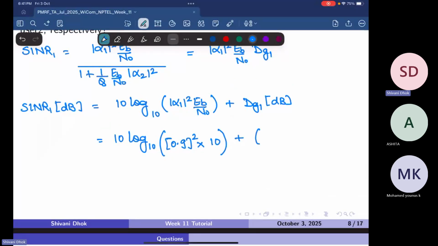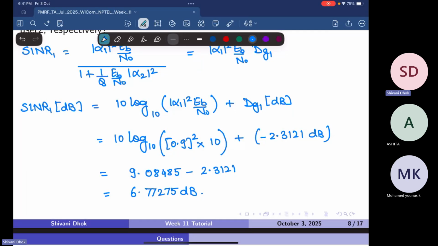This logarithm comes out to be 9.08485, minus 2.3121, and this comes out to be finally 6.77275 dB. So this is your SINR for user 1.